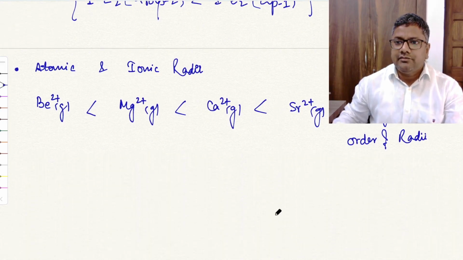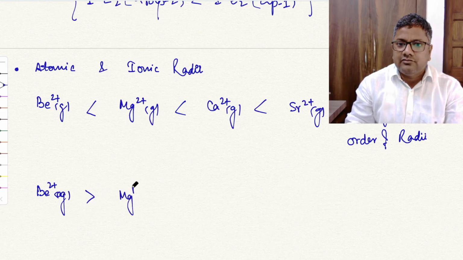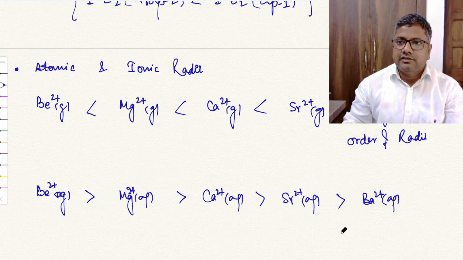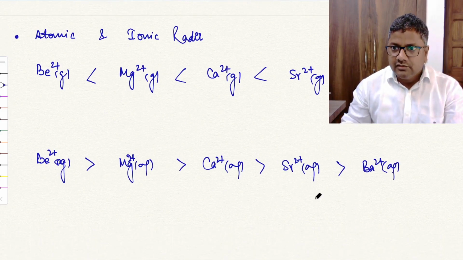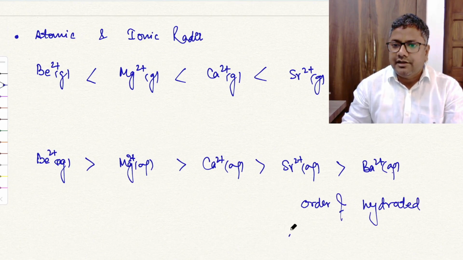But if you take the aqueous medium, Be2+ aqueous is largest in size, then Mg2+ aqueous, then Ca2+ aqueous, then Sr2+ aqueous, then Ba2+ aqueous, right? So this is the order of hydrated ionic radii.